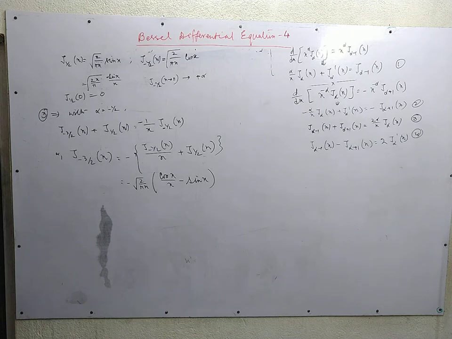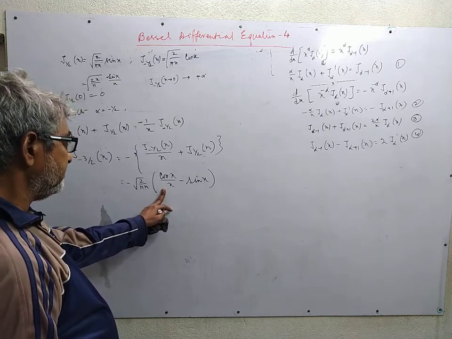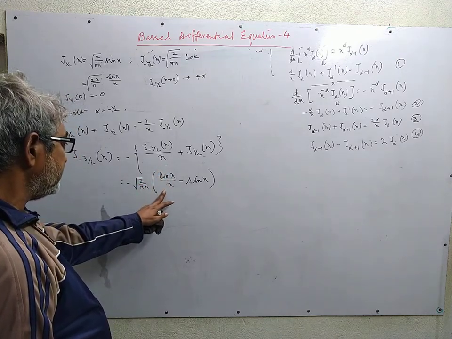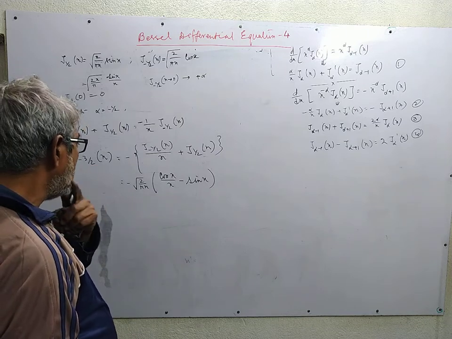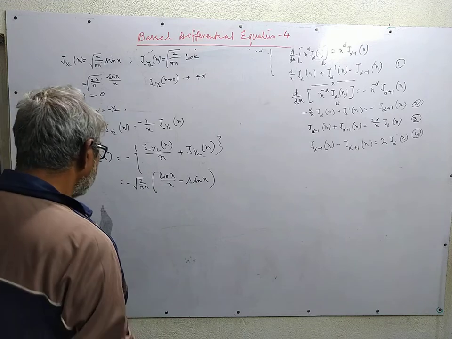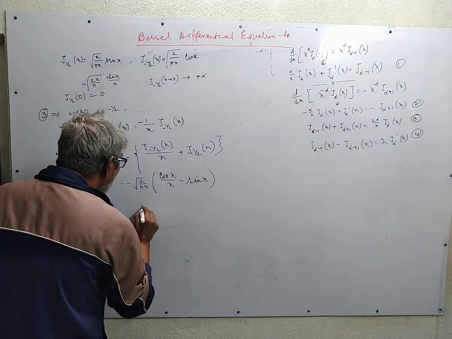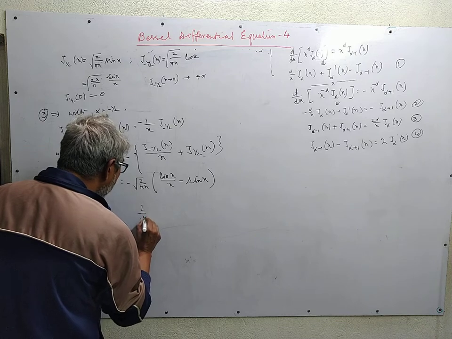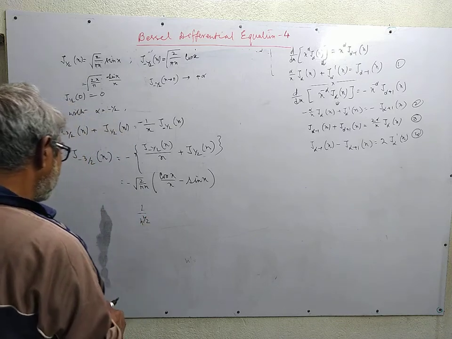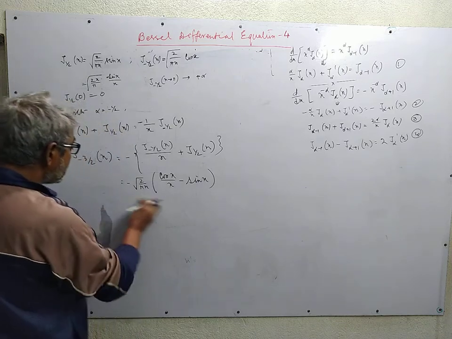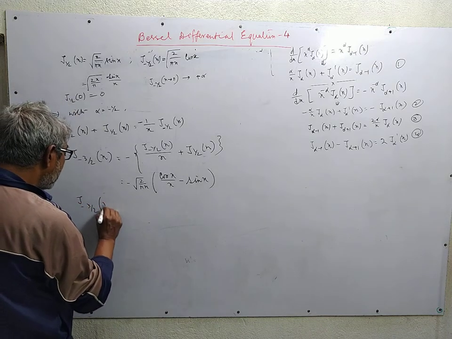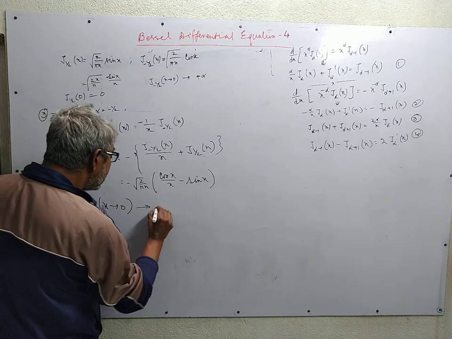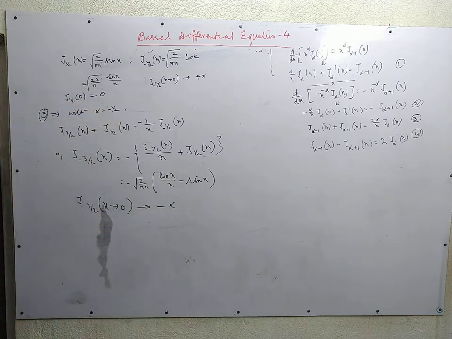As x tends to 0, this part has essential singularity because cos x goes to 1 and the denominator goes to 0 as x to the power 3 by 2, so it is of the form 1 by x to the power 3 by 2, which diverges, and this goes to minus infinity. So j of minus 3 by 2 as x tends to 0 tends to minus infinity.